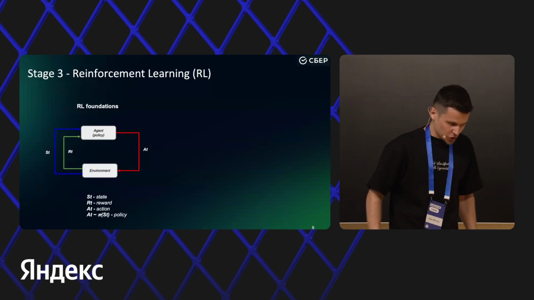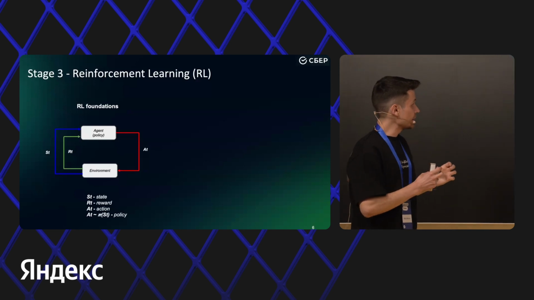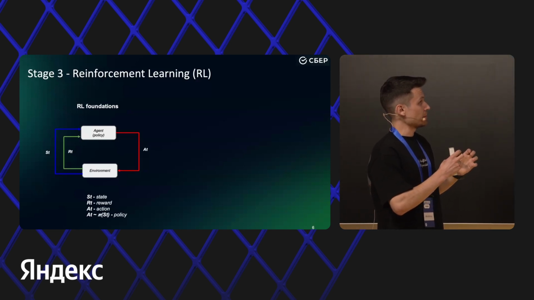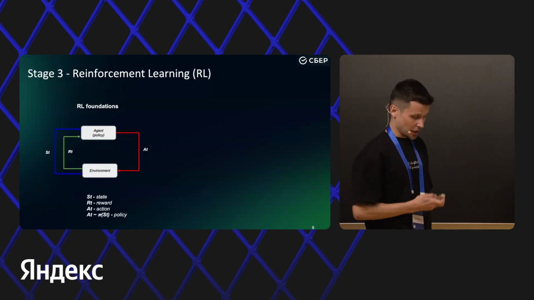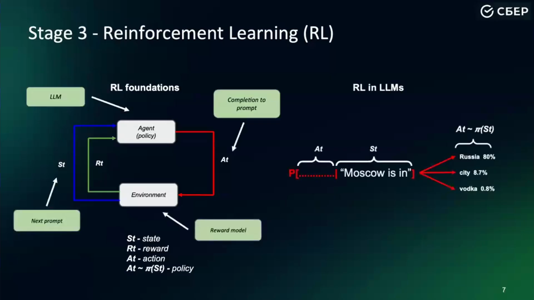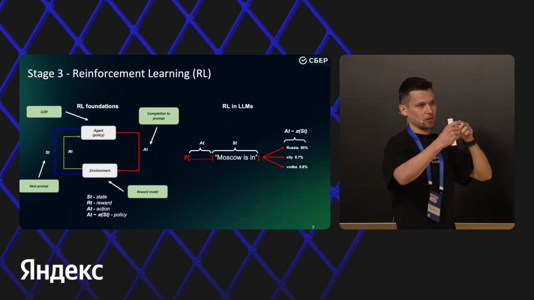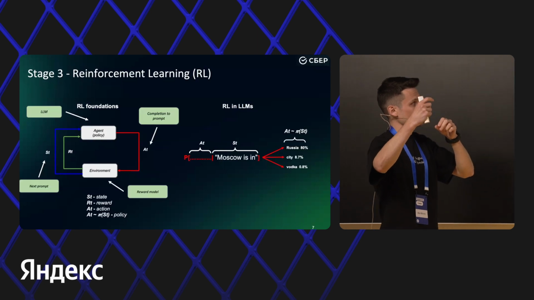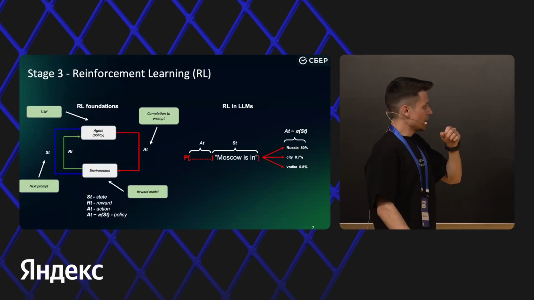But there is the question of how we can relate the reinforcement learning paradigm to the context of large language models. And it is nothing difficult, because we can present the LLM as the agent, or policy model. Also, we have the action, which will be just the completion to the prompt, exactly the next generated word or token.